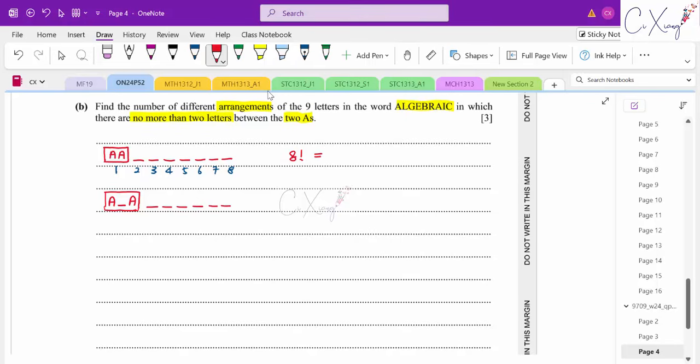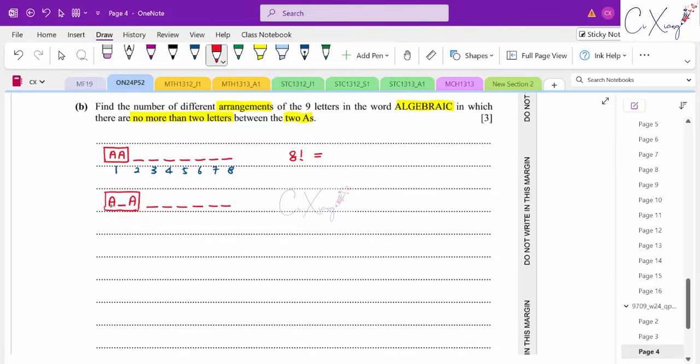Okay, so in total you have 9 letters, but the A space A is basically 1 unit, because I want to make sure that there's only 1 letter between these 2 A's. Let us consider how many places I can place the A space A unit.